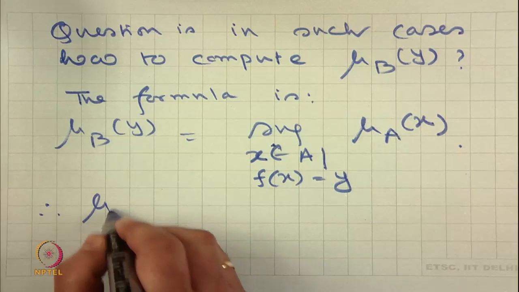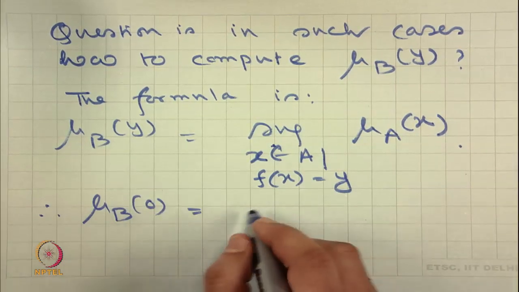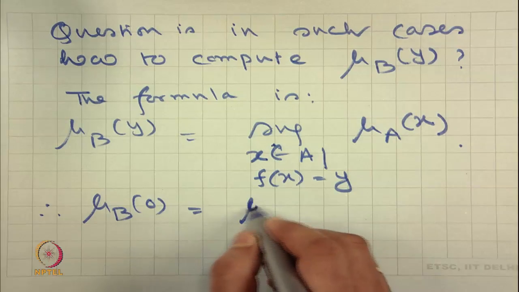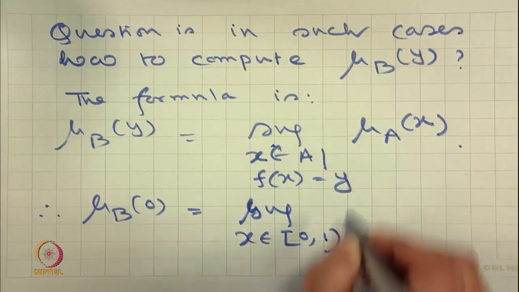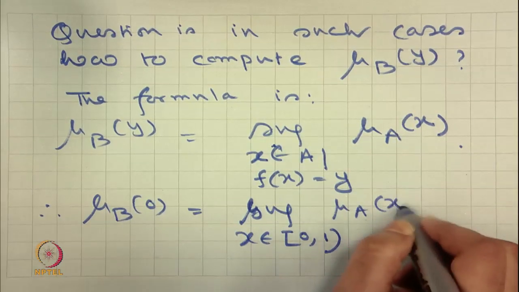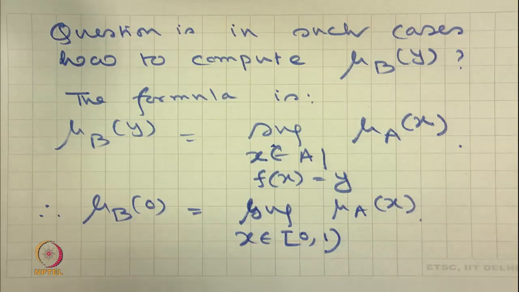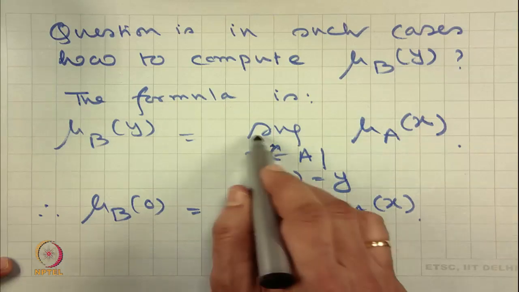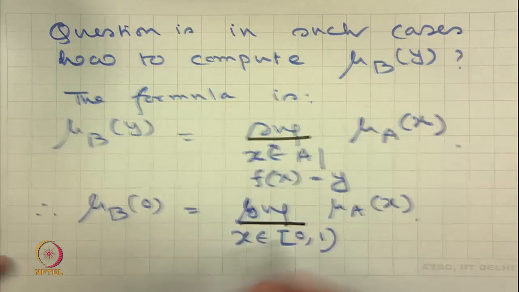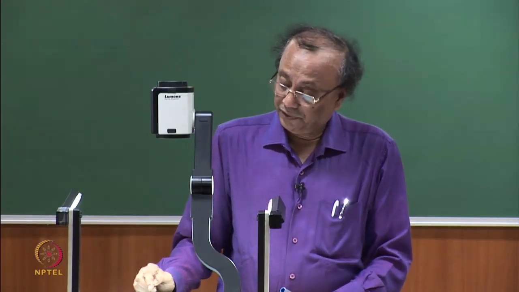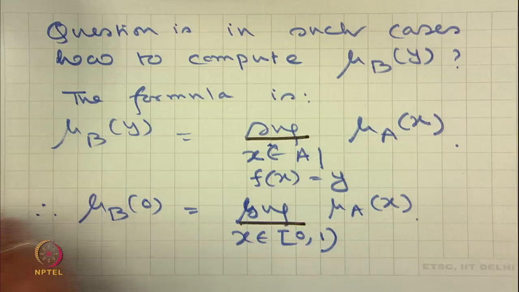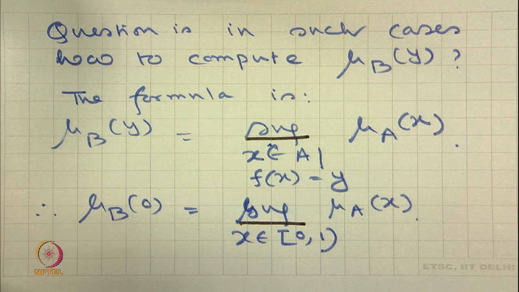Therefore, mu B of 0 in the above case is supremum over all x belonging to [0, 1) of mu A of x. Thus, the notion of maximum is now replaced with supremum, as there are infinitely many values which produce the same y, we may not be able to identify the maximum, therefore, we need to replace it with supremum.